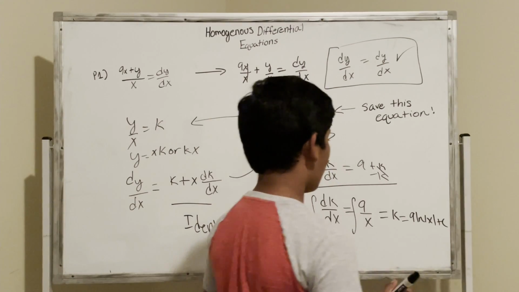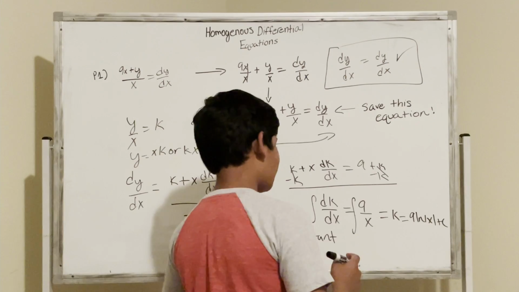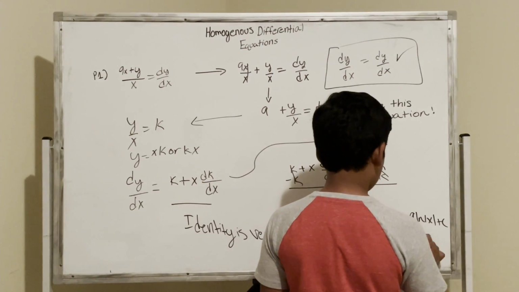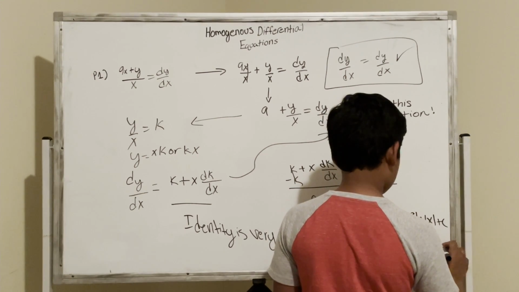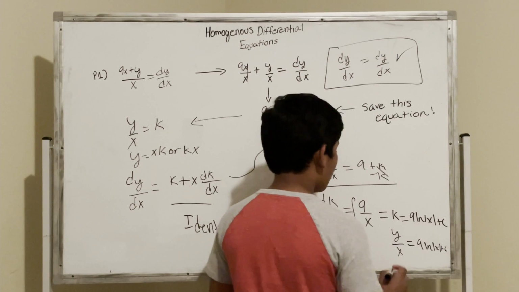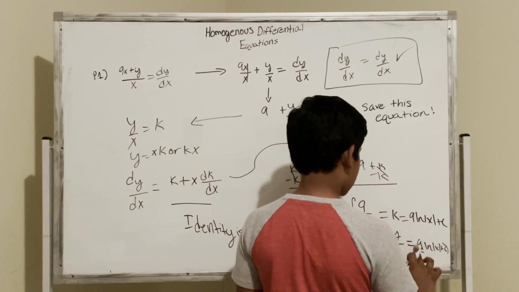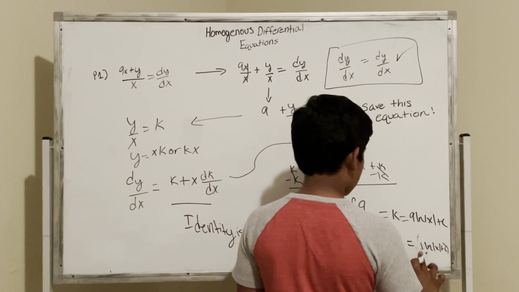And this is very simple. And some people might conclude that this is the answer. But actually, this is not, because k is equal to y over x. And we want to know what y is. Now, we can just multiply the x in front, and we can get our answer.